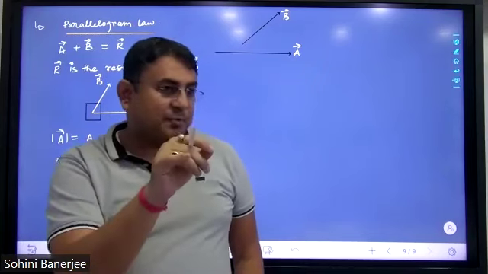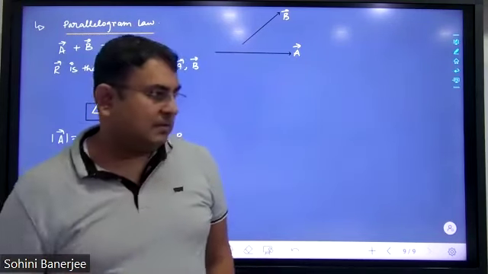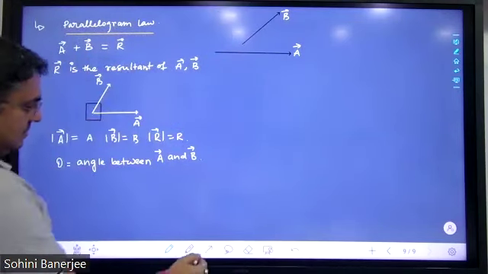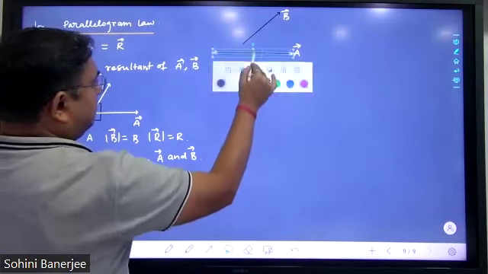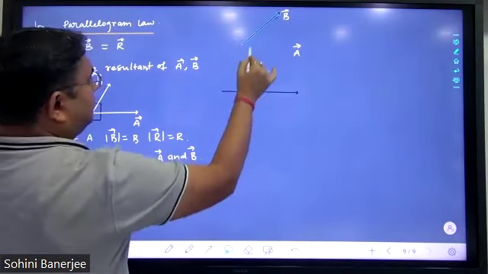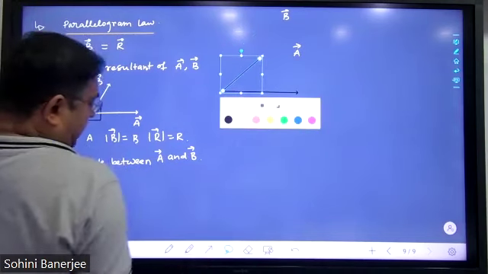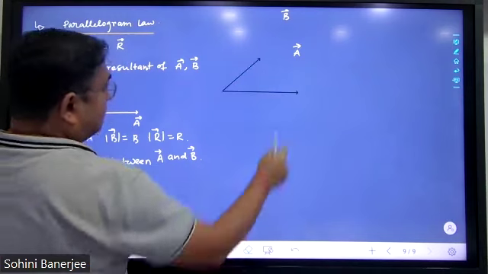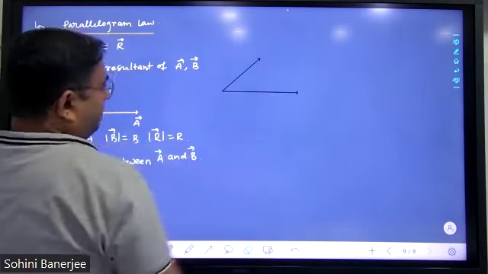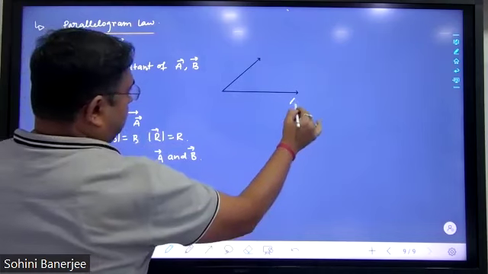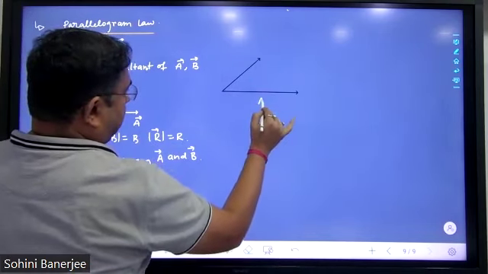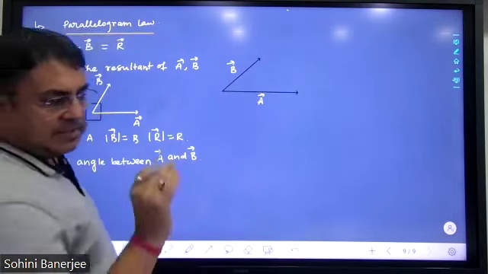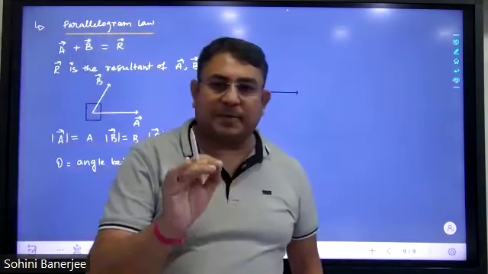Their tails are put together. That means I slide the vectors and get their tails together. So suppose this is A, this is B. I just get their tails together. This is A. This is B.